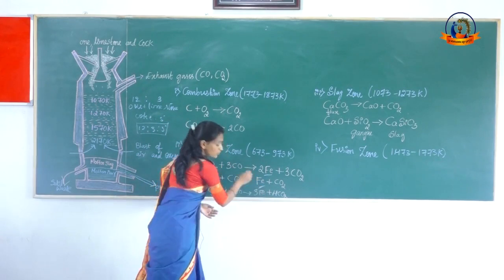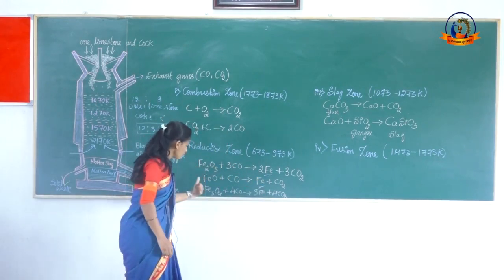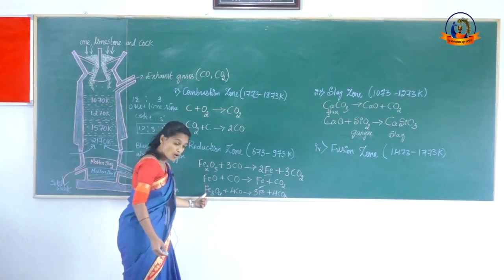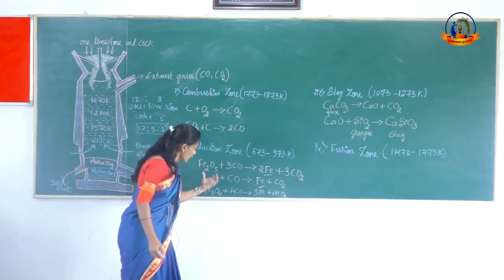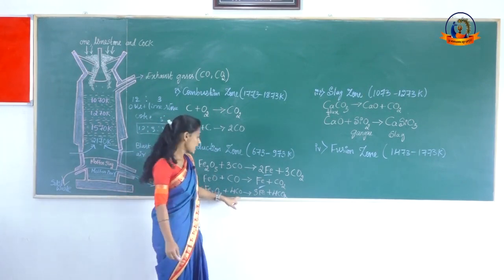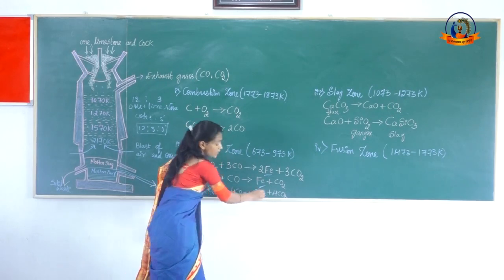So here also I get iron. Next is Fe3O4. Suppose the iron ore consists of oxide in the form of Fe3O4; in that case we reduce it with 4 molecules of carbon monoxide. Here also the formation of iron takes place.